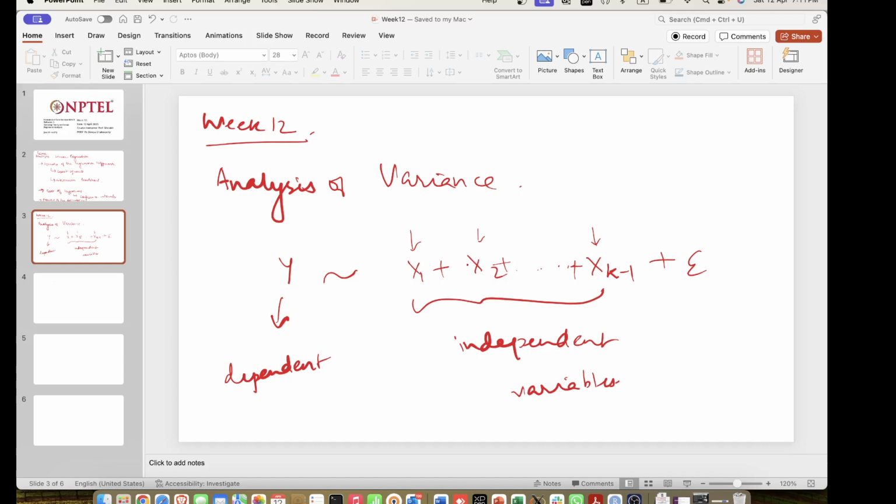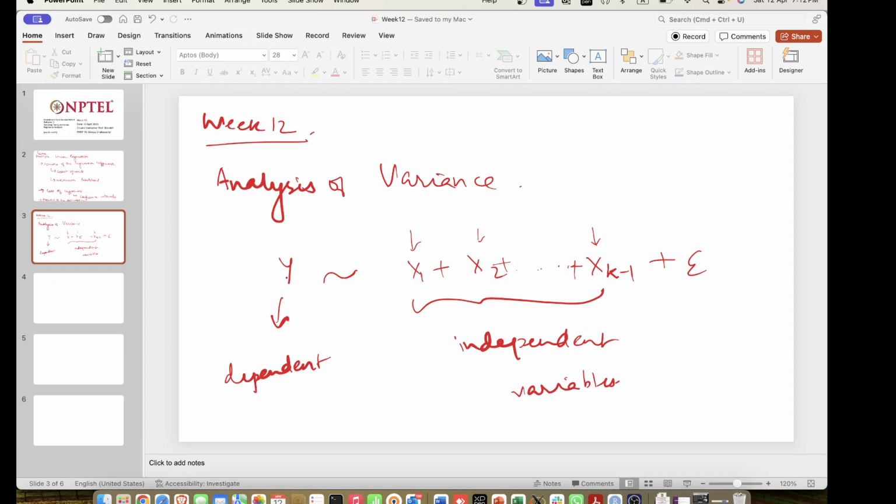If these variables are significant or good enough in explaining the variance in y, then only this sort of modeling is going to make sense.